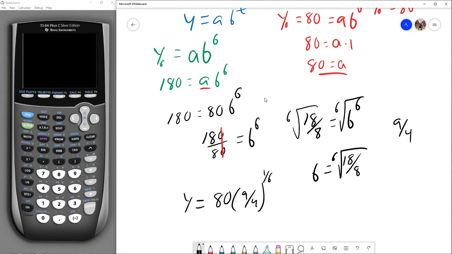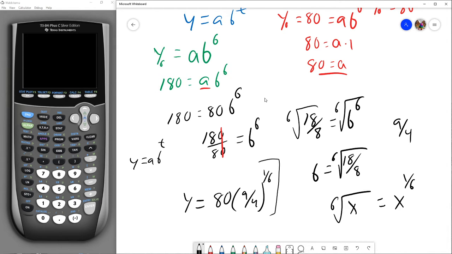One thing to keep in mind: if you have the 6th root of something, that is the same thing as that to the 1/6. Now, if we recall the general formula, it was y equals a b to the t.